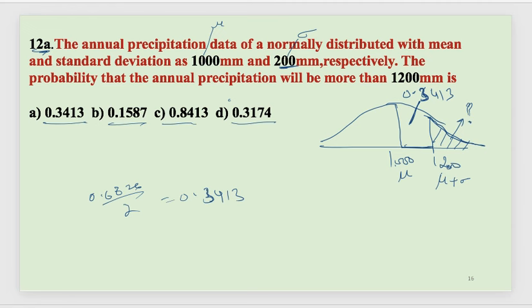So this area, or this PDF, I got is 0.3413, right? And if this is 0.3413, am I able to now retrieve my answer? Obviously yes, because this much area, or this much PDF, is 0.5.